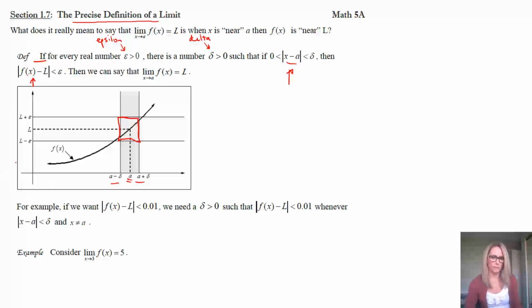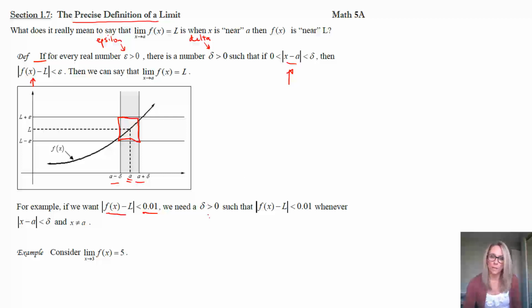Okay, so let's take a look at an example here. For example, if we want the difference between a function and its limit to be less than 0.01, so in either direction from the function, we want that limit to be within a difference of 0.01 on either side.